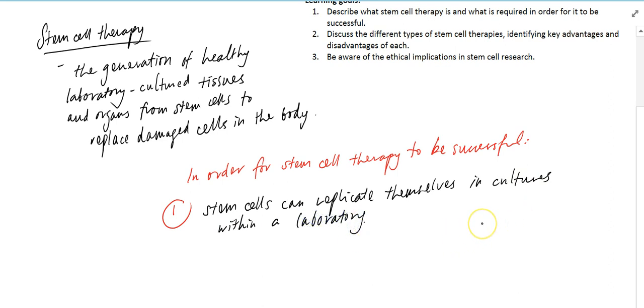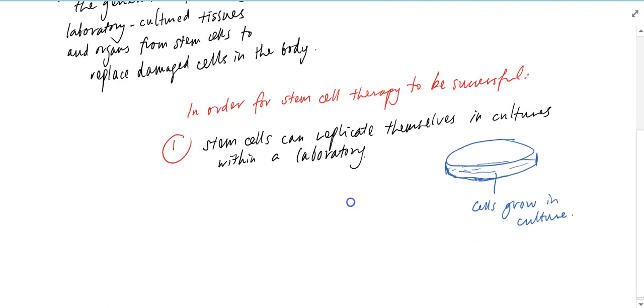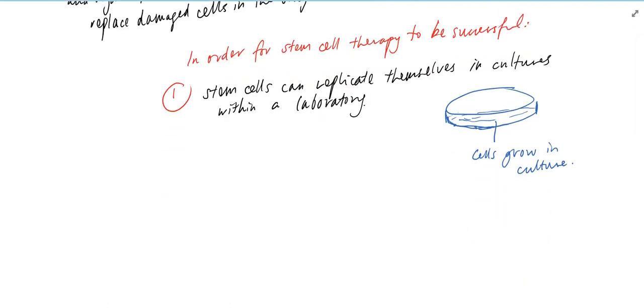So often, if stem cells are taken out of, let's say, an adult or an embryo, and then they're cultured, these cells need to be able to grow in culture. You have to be able to grow them rapidly so that they can later be used in transplants.